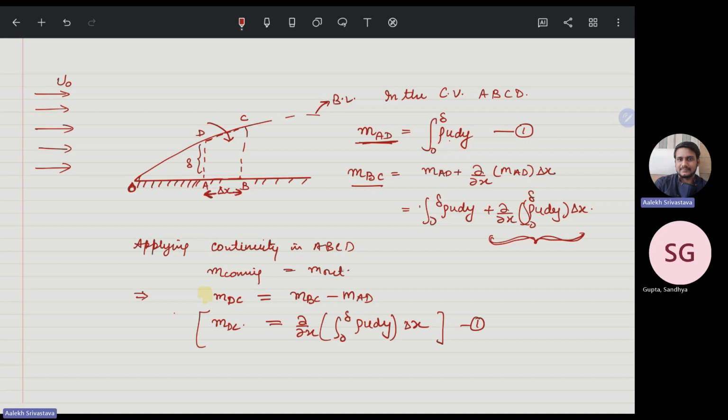Now applying continuity in ABCD, whatever mass is coming in should go out. There should be no accumulation of mass. Therefore, the difference between the mass coming in at AD and BC should come from the DC so that mass continuity can be satisfied. Now, this is the mass that we obtained.